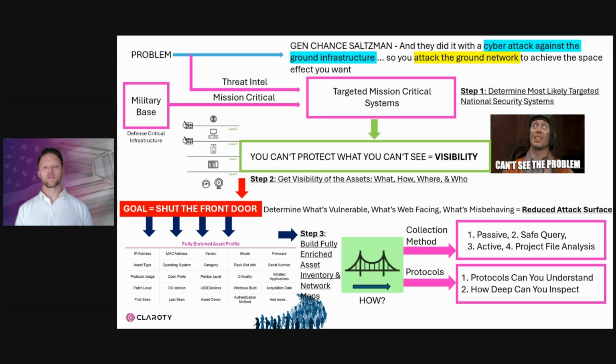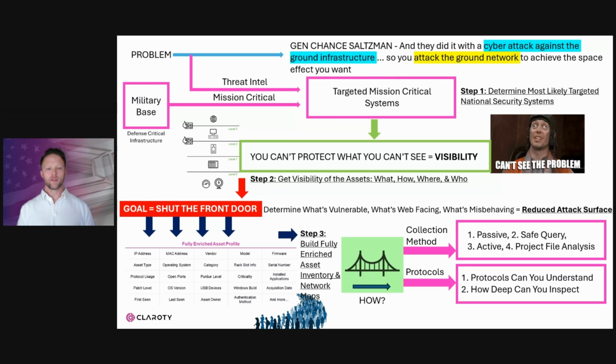You have to pick a solution that does a couple things. In order to do full visibility of these assets, to get a fully enriched asset profile, there are a couple things that need to be considered. One, the collection method, and two, the protocols that you're analyzing. So the collection method: if you were to deploy a solution into your environment and collect information about that environment, you can autonomously, in an automated way, build out these asset profiles.